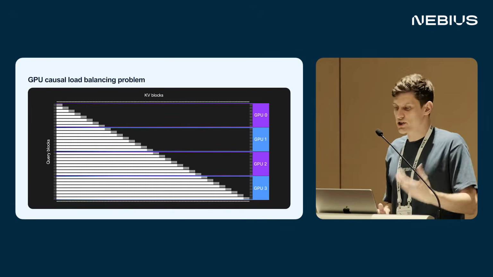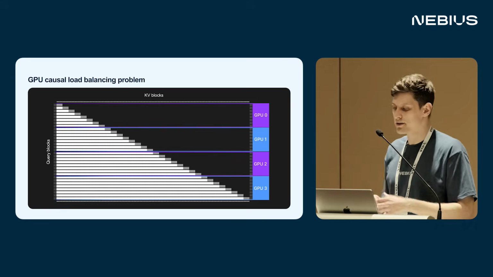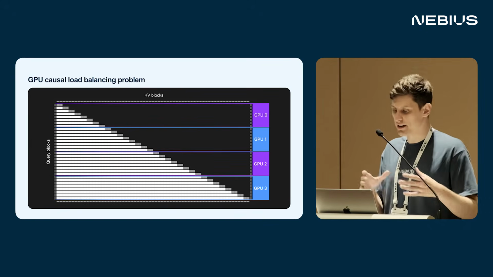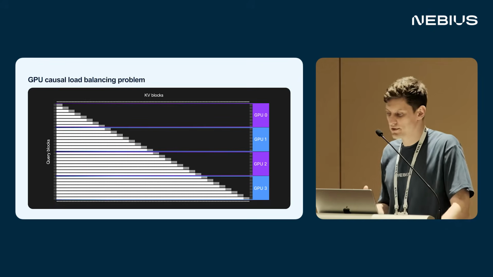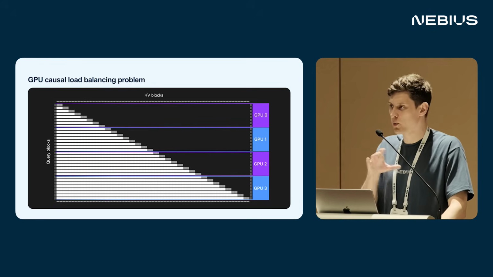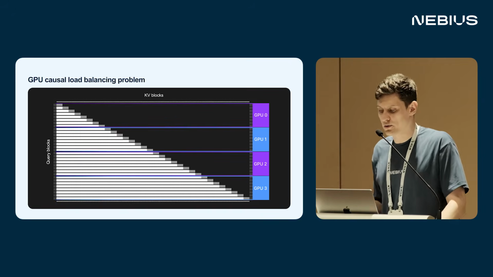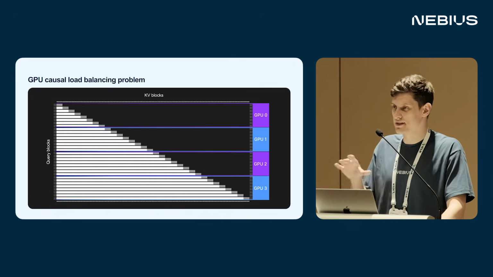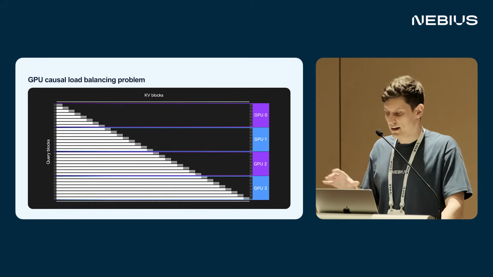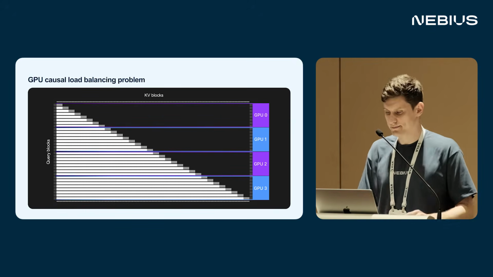There is one more challenge with context parallelism, load balancing. When you combine context parallelism and causal masking, you run into the situation where some GPUs have much more work to do than others. Specifically, GPUs handling the end of the sequence need to process many more tokens than the GPUs handling the beginning.